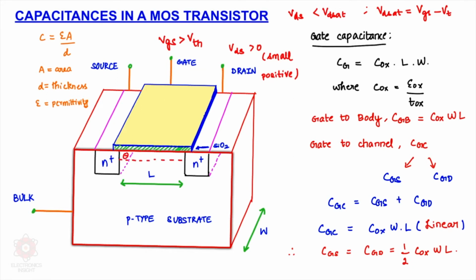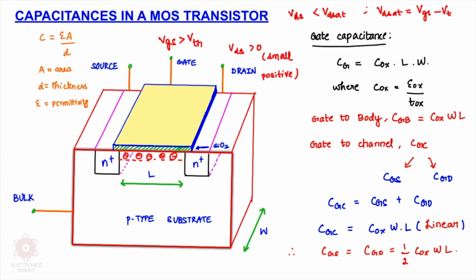This channel will have the electrons because the applied voltage is a positive voltage which will try to repel the majority holes present in the p-type substrate, and hence the minority carriers, which are electrons in the p-type substrate, get attracted towards the positive gate to source voltage.